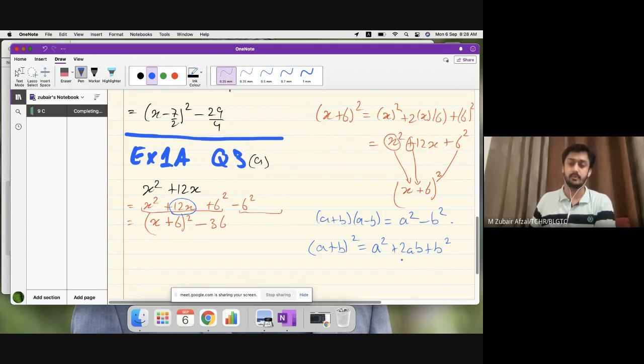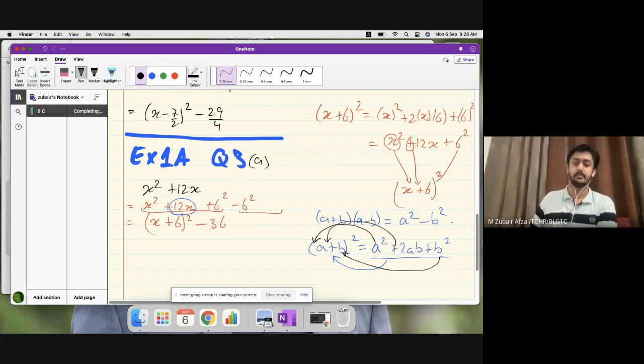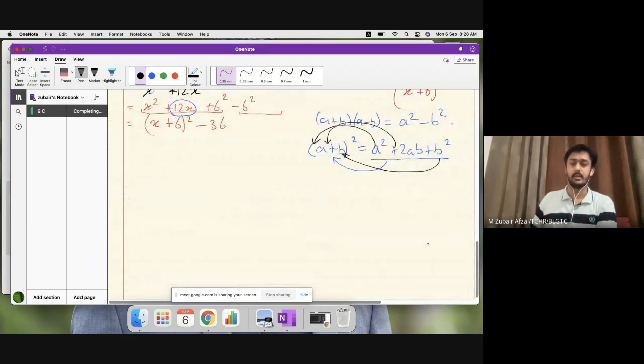When we do the reverse of it, obviously you can see for yourself that the square is outside the bracket. So this is why we copy this a, we copy this positive sign, and we copy this number b. If I write it like this, a square plus 2ab plus b square, this is actually the expansion of a plus b whole square.